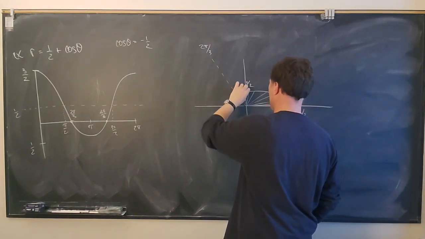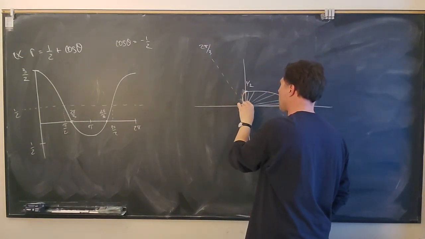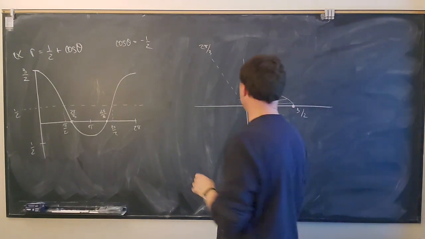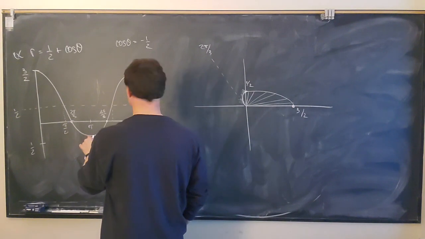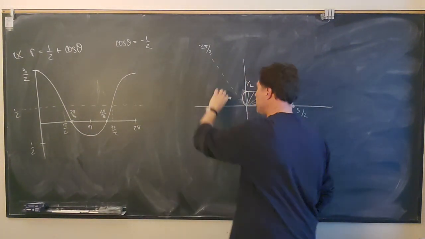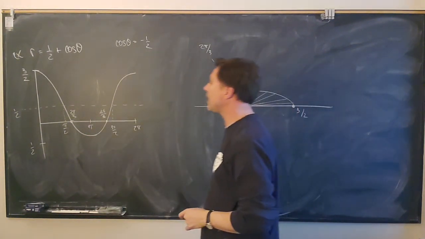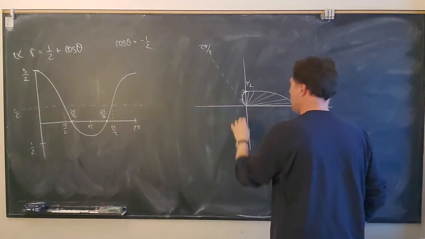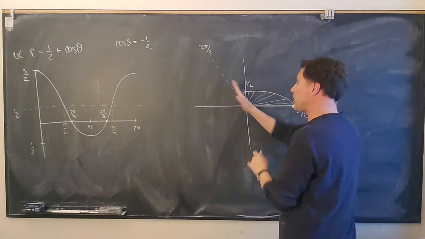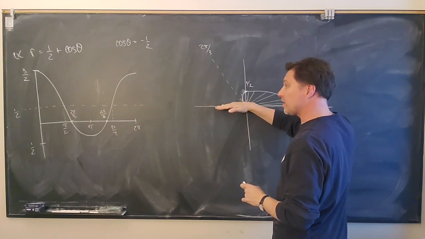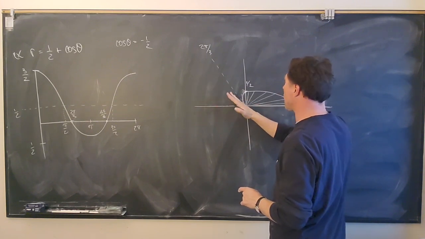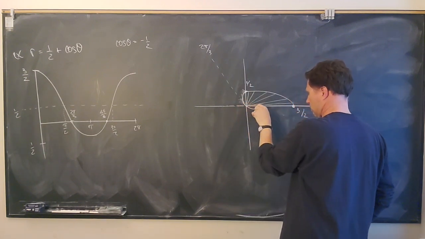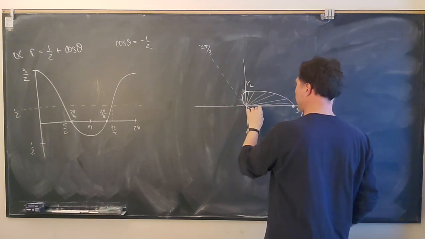There we go. Okay, then as we go from 2 pi over 3 to pi, so as we sweep out this portion right here, we have a negative radius, right? It's going from 0 to -1/2. So we're sweeping out this portion of the second quadrant, which means that we're going to be drawing in the fourth quadrant, like that.